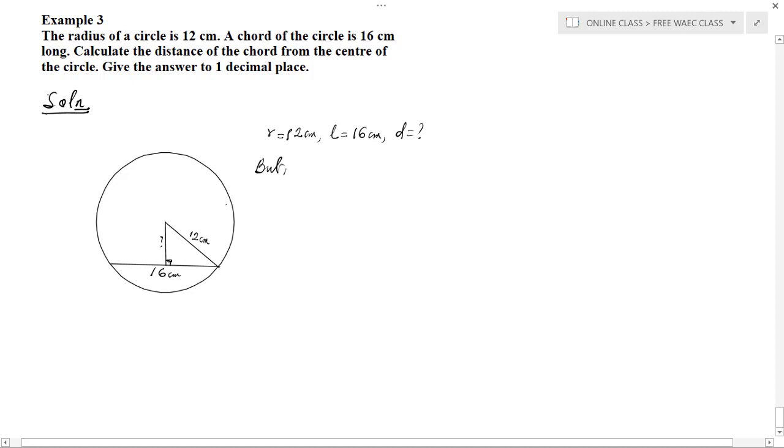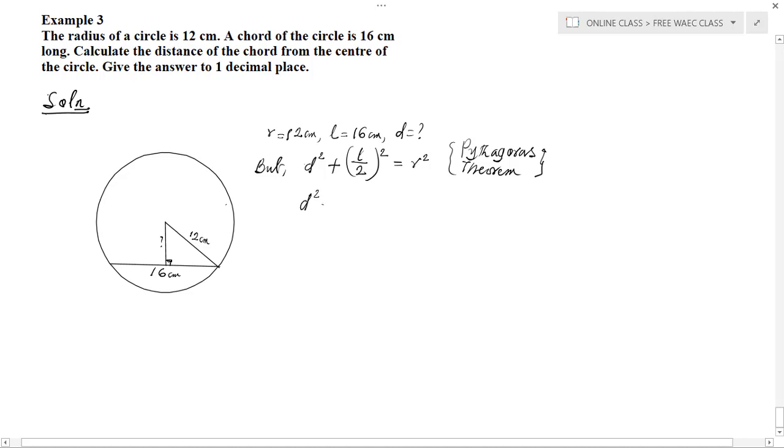But from here, D squared plus (L over 2) squared is equal to R squared. Always write your reason in front, please. Always. That is the specification, so that you will not be penalized for even half mark.